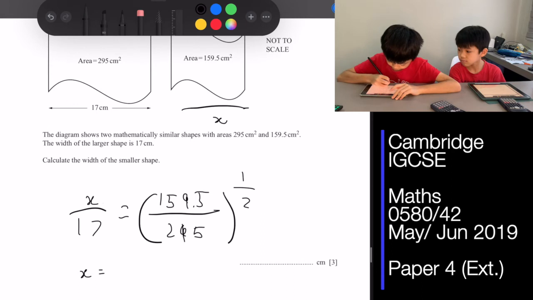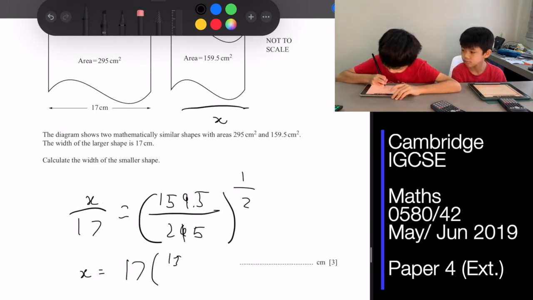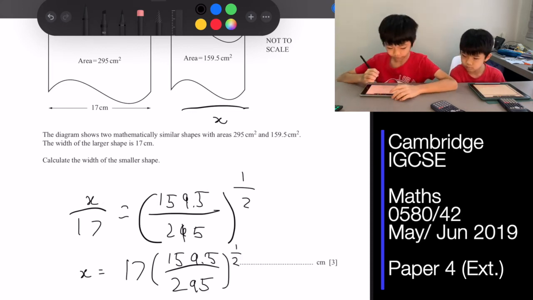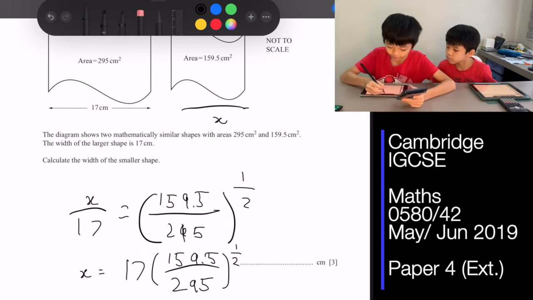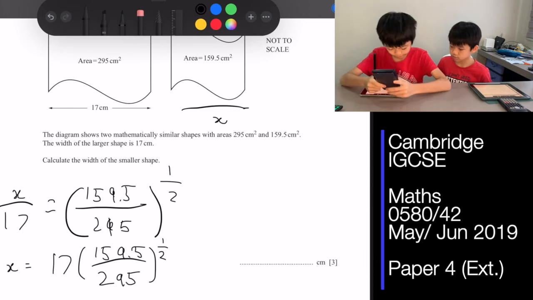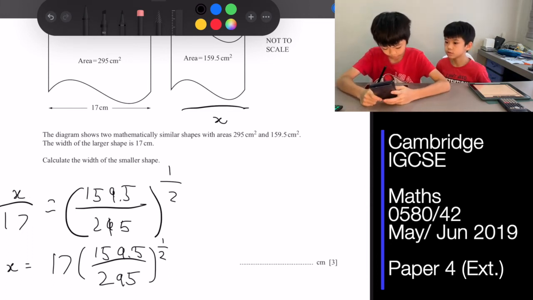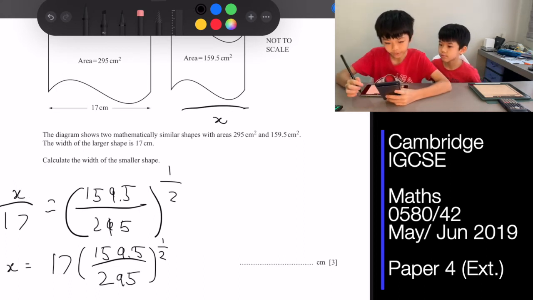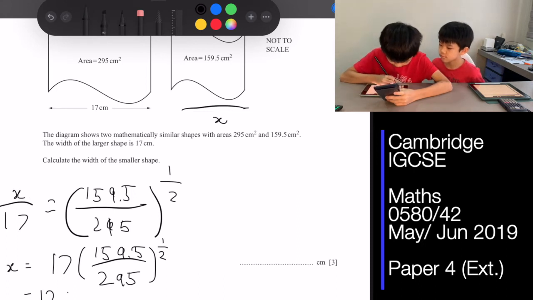So x naturally is 17 times 159.5 over 295 to the power of half. Then we just calculate what x is, and then we get the width. Okay, x is 17 times 159.5 over 295 to the power of half, which is 12.5.